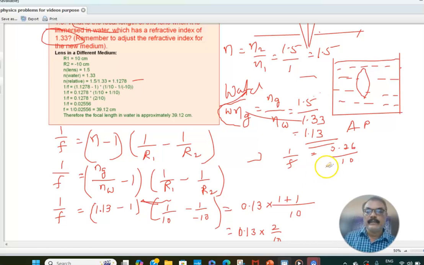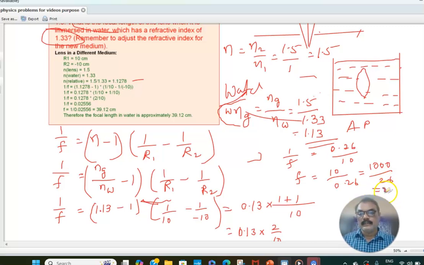Then F is equal to what will happen? So 10 divided by 0.26. 2 पॉइंट निकाल दिए तो इधर 1000 हो जाएगा, divided by 26. So that answer is approximately equal to 39. How much it will be coming? 39.12. So just divide them. I hope you understood this.